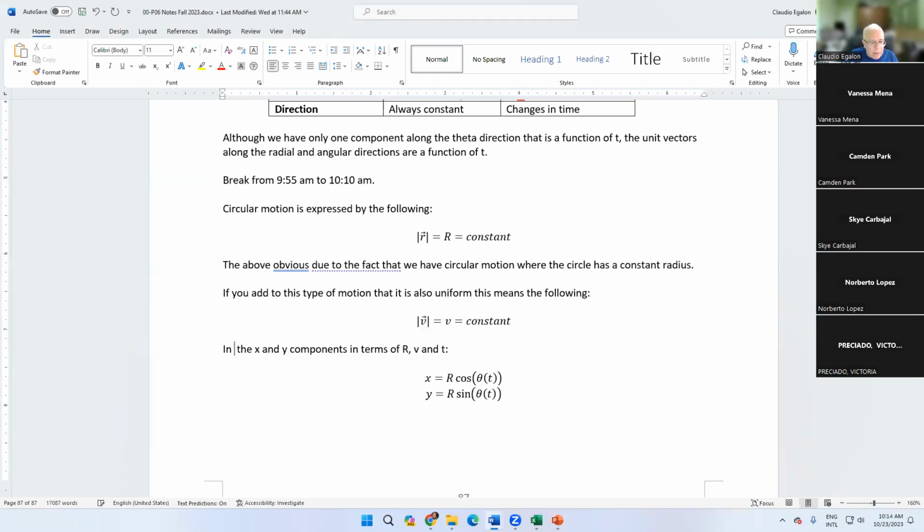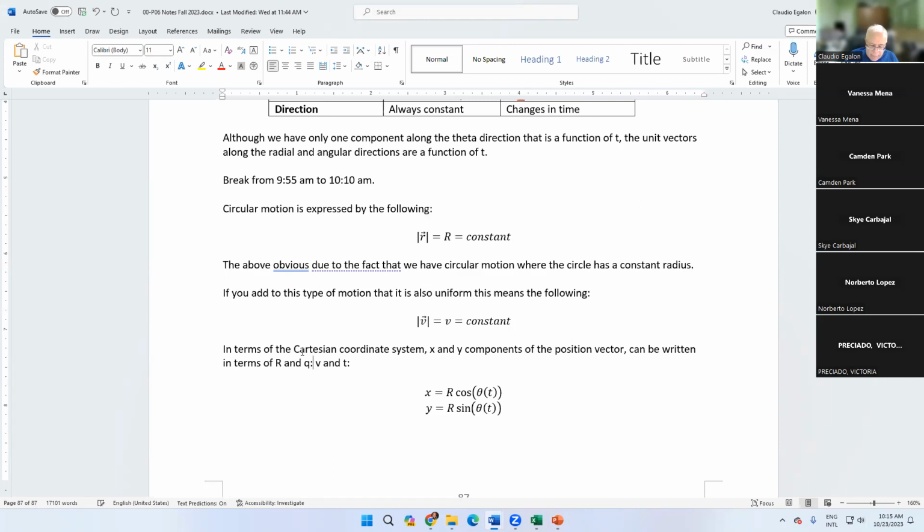The x and y components of the position vector can be written in terms of r and theta.